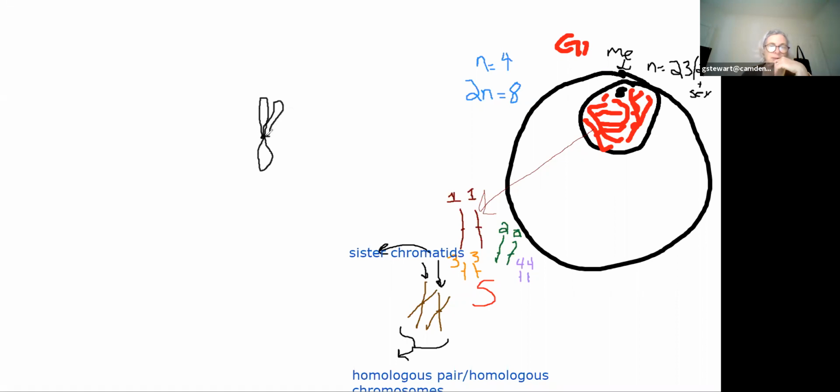Yeah, not doing a bang up job, but get the general idea. So this area here, and it doesn't have to be in the center. It could be up here at the top, or way at the tippy top, or down here. That's what we call the centromere. Right, so write that out here.